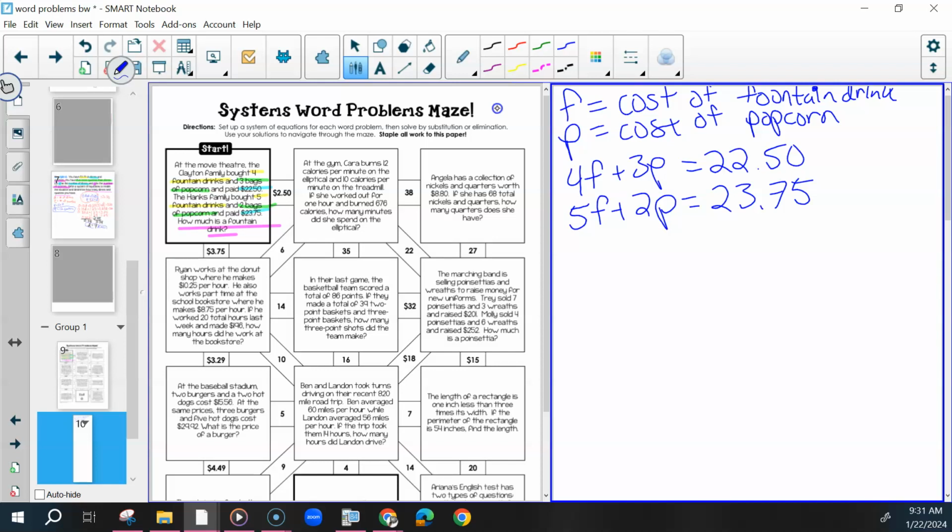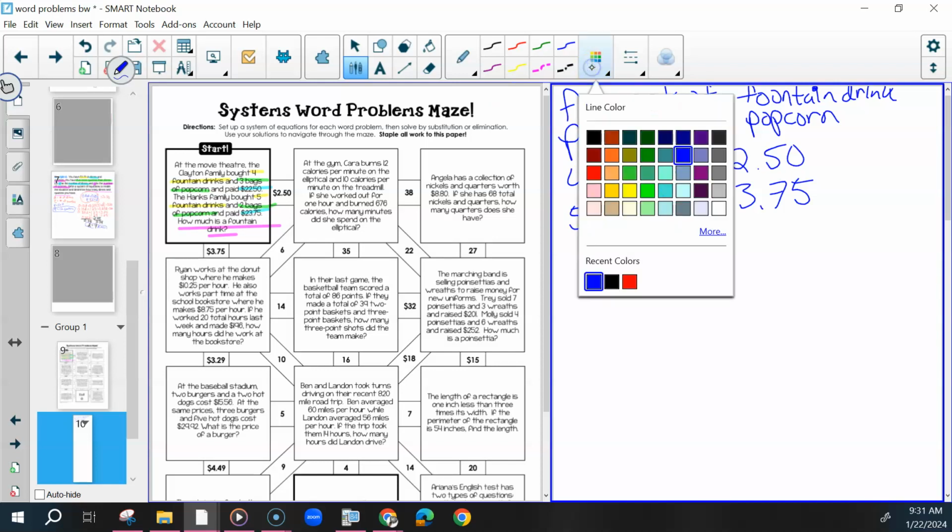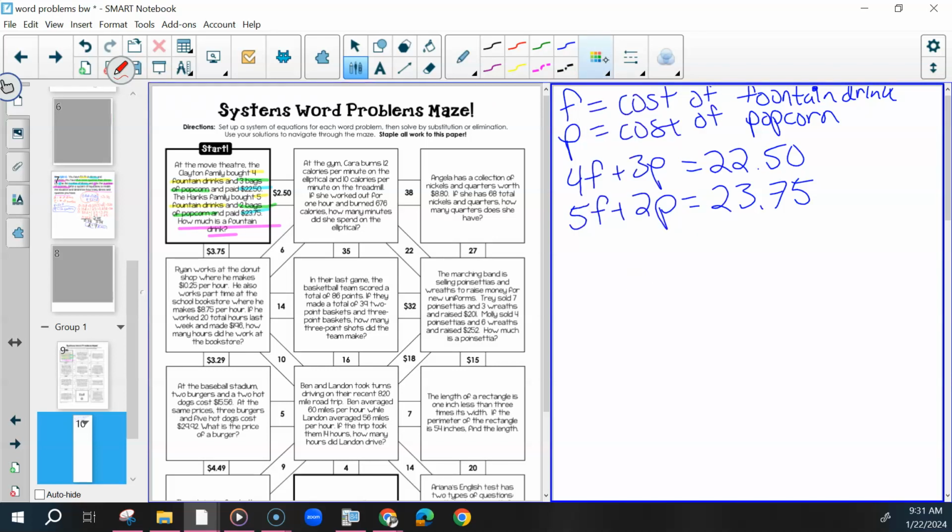That way we don't have to worry about it. So we have to think of a number these both go into. 6. So I can multiply the first by 2 and the second equation by 3. Change both of them.